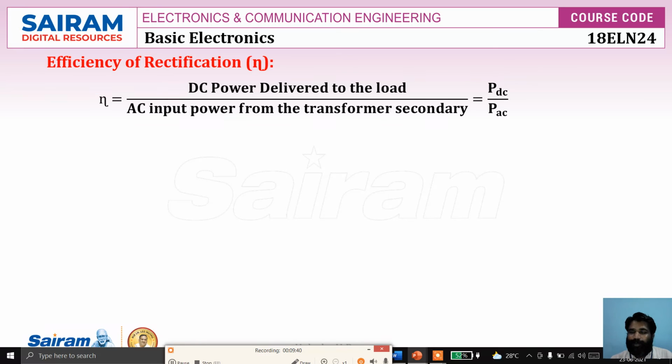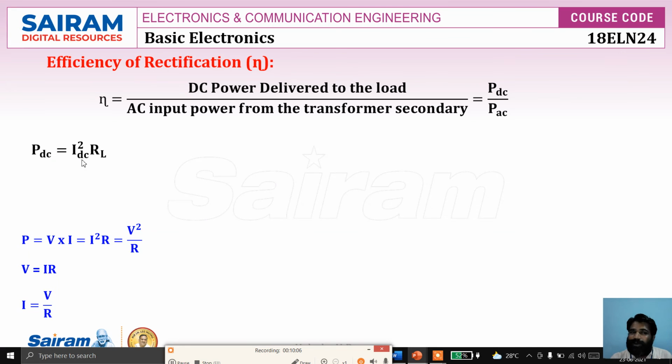As you know, P is equal to V into I, and V is equal to I R. So P is I square R, or I is equal to V by R, so V square by R. Here PDC is equal to IDC square into RL. So we derive now I square R.